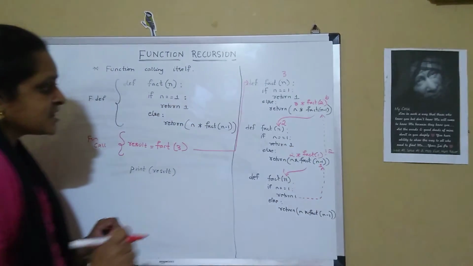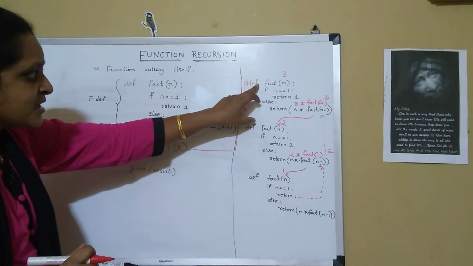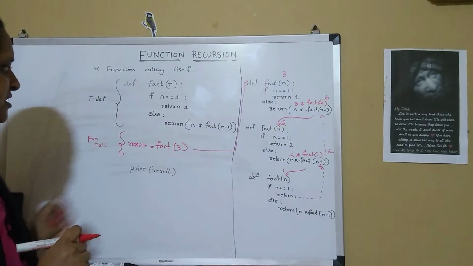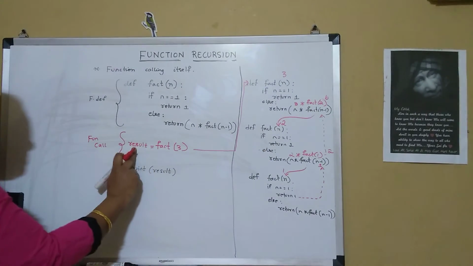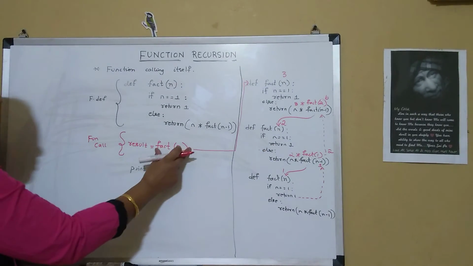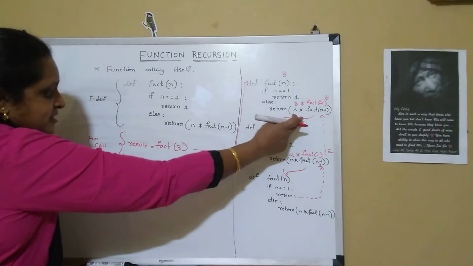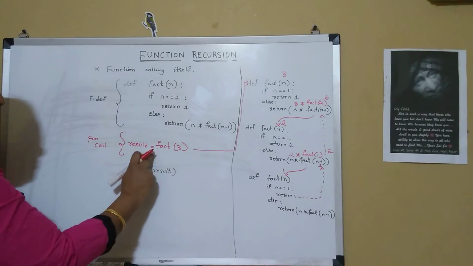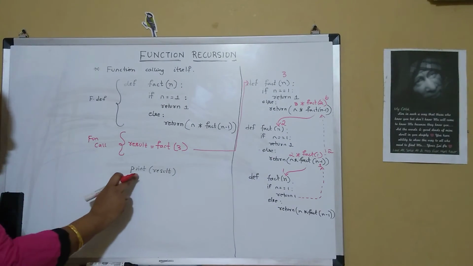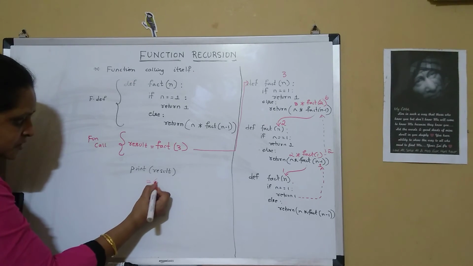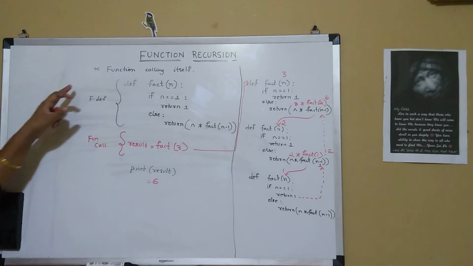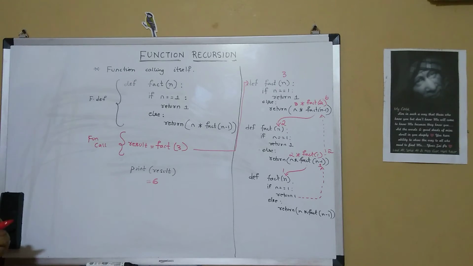Now this 6 is returned from the first function. So where does this 6 go now? It will go to this result. Because we are calling fact of 3, it is returning 6. So result will have the value 6. Now if I say print my result, it will print the value equal to 6. So factorial of 3 is nothing but 6.